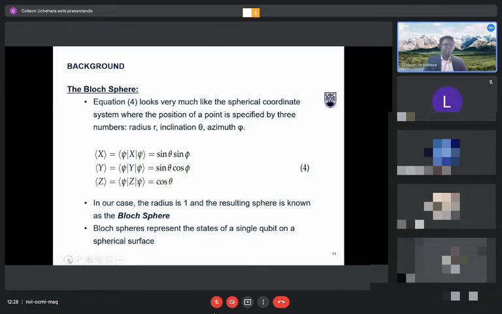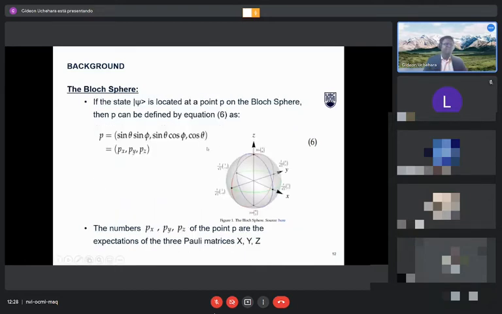That's the point I wanted to make here. So if the state psi is located at some point P on the Bloch sphere, we can define P to have these coordinates: the x coordinate is sine theta, sine phi; the y is sine theta, cos phi; and the z on the z-axis is cos phi.